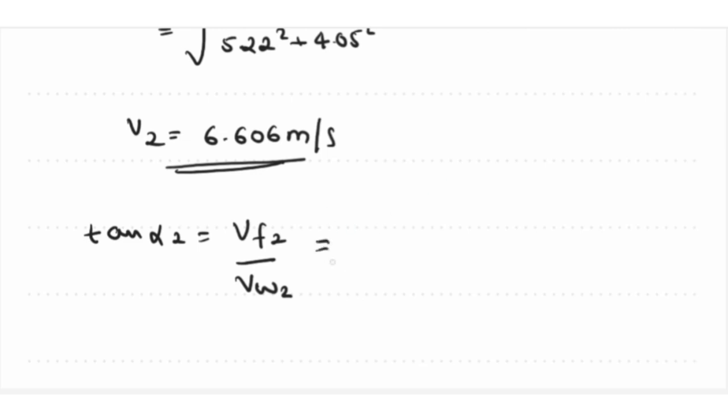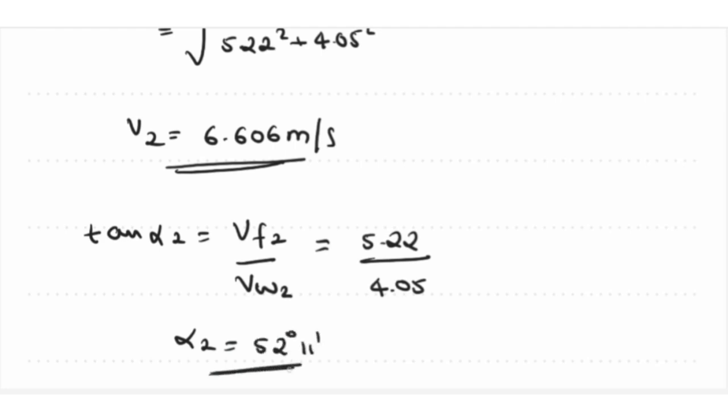So vf2 value is 5.22, vw2 is 4.05. If you solve, you get alpha 2 is equal to tan inverse of 5.22 divided by 4.05, so we'll get alpha 2 is equal to 52 degree 11 minutes. So this is the magnitude and direction of absolute velocity at outlet.